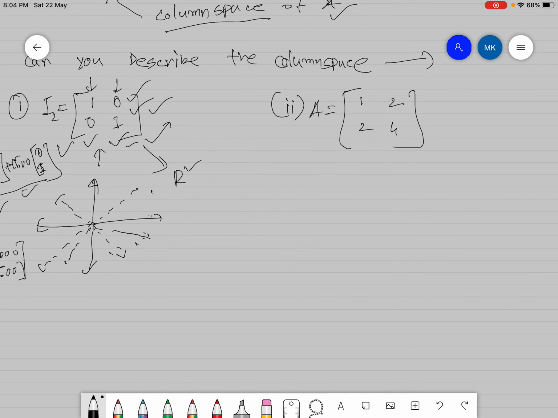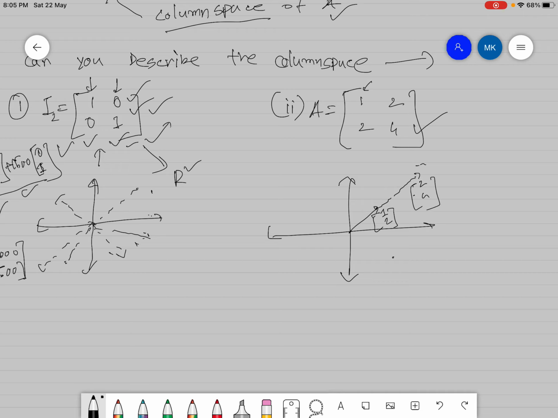As you can see, these two columns, can we reach any point by the help of these two vectors? So let's just draw these two vectors. This is 1 2 and this is 2 4.